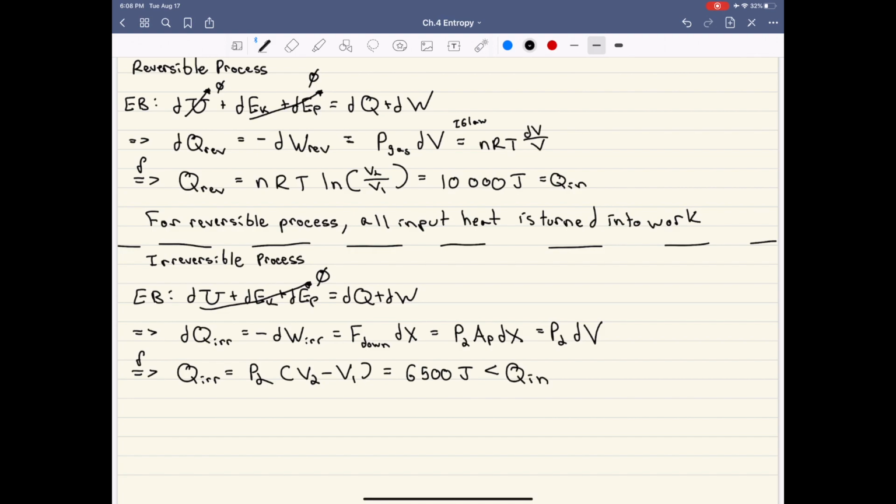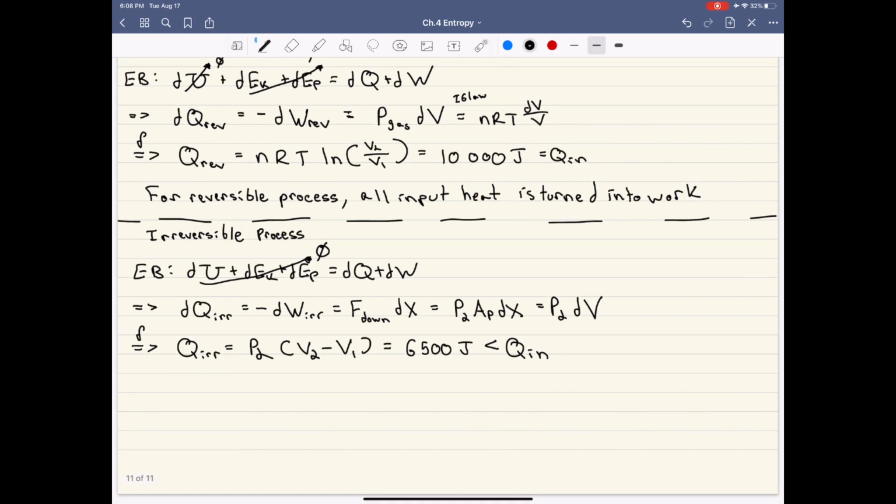There's a discrepancy here. Essentially, our energy balance is not closing, because the magnitude of the work that we extract from the system is not equal to the amount of heat we put into the system to begin with.